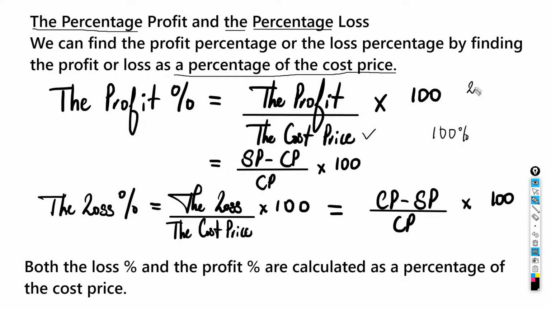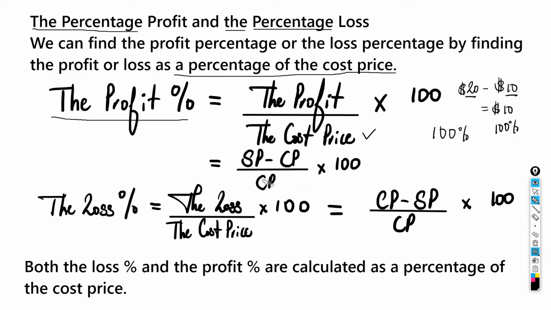If you sell an item for $20 and you bought it for $10, then that would be 100% profit because 20 minus 10 gives you $10, which is the amount you bought it for. So you made 100% profit on the item. That's basically what this concept is about, guys: finding the profit percentage, which is the profit as a percentage of the cost price.